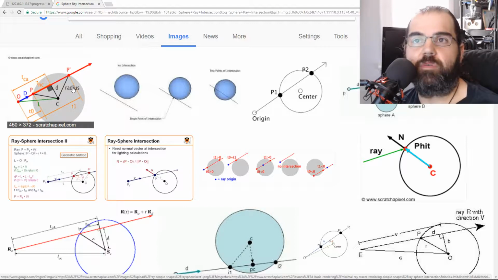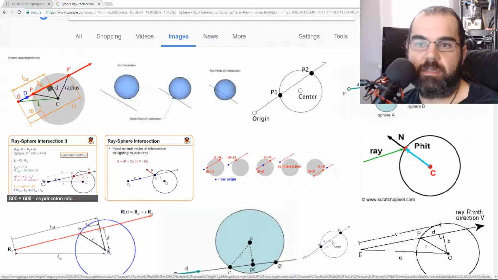Once you find the third side, you take this position, you subtract and you add, and you have your 2 points of intersection. Then you take the smallest value, the min, which is the first intersection, and the max is the second intersection when the ray is coming out. This one from Princeton has a lot more of the formulas to illustrate it.